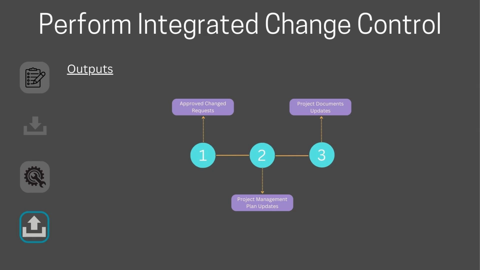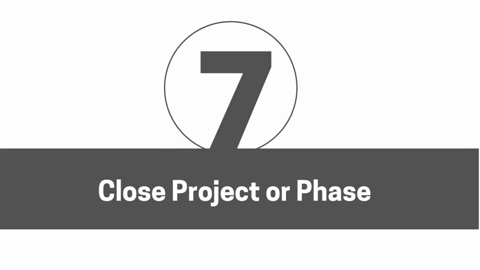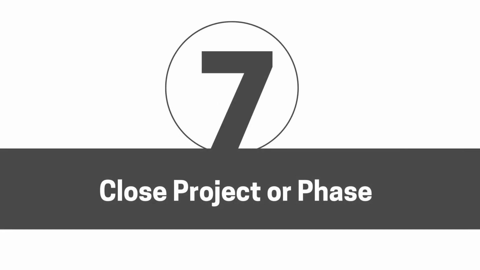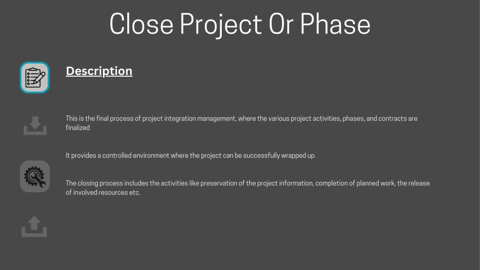Once a change request is approved, it becomes an input for the direct and manage project work process. The implementation of the change happens during this phase. After the change is implemented, the project moves to the closing phase, where activities such as finalizing contracts and completing work are carried out.